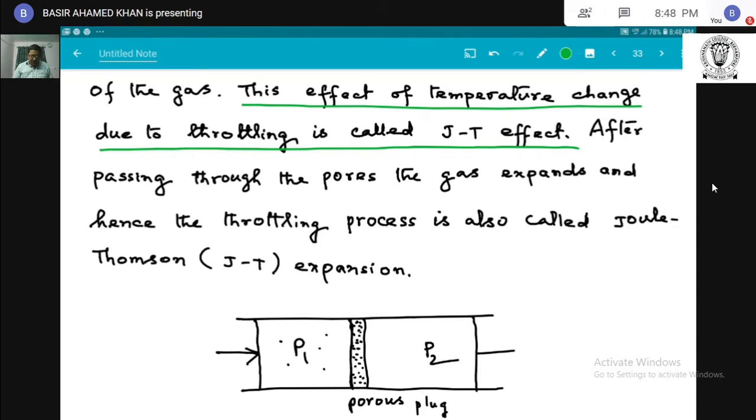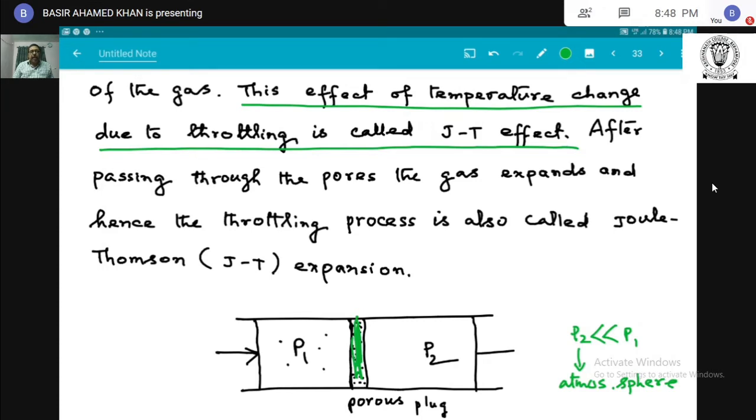This is the porous plug, and after expansion P2 is a very low pressure compared to P1. P2 is usually atmospheric pressure, and P1 is very high pressure.